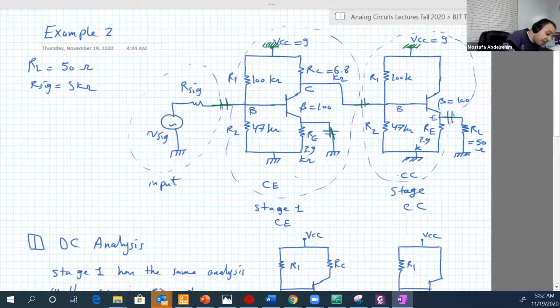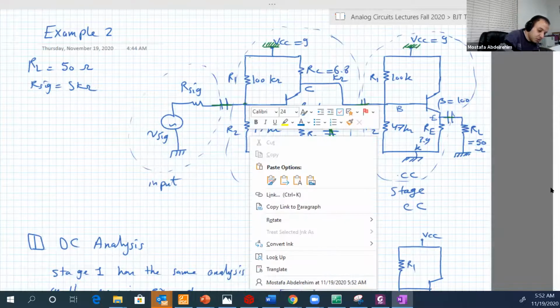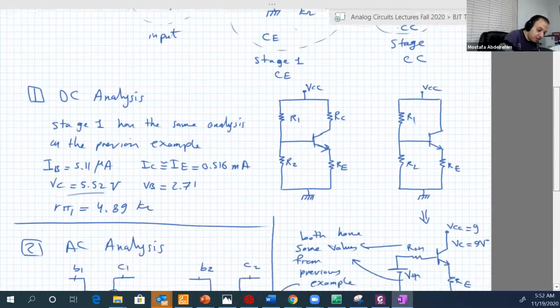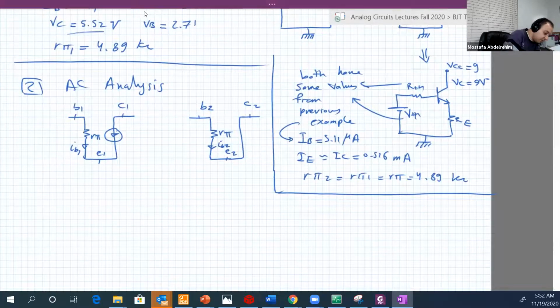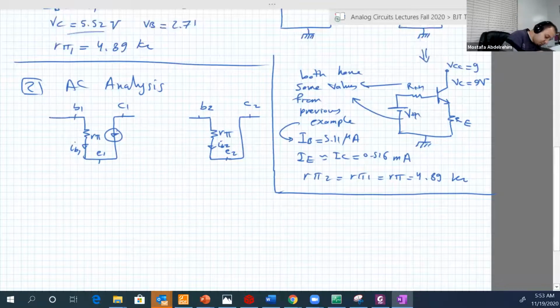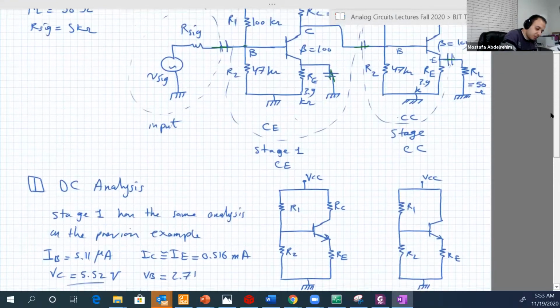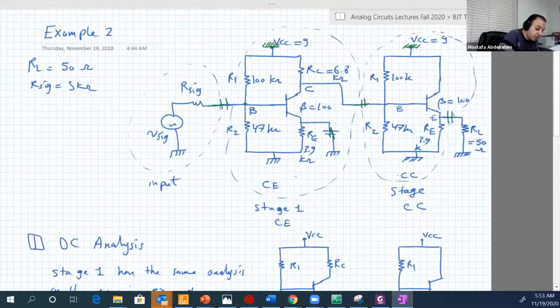Okay, here is the base 1. Between the base and the ground, we have R1 and we have R2. So we will have R1 parallel R2. Then we will have R signal and V signal.